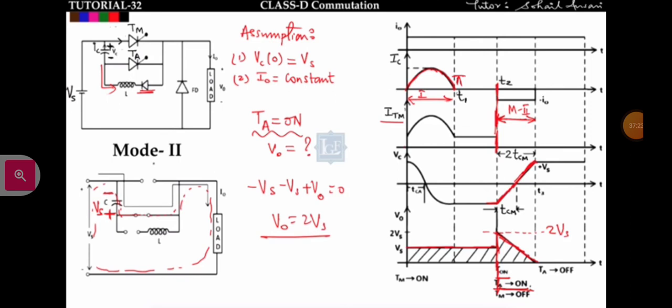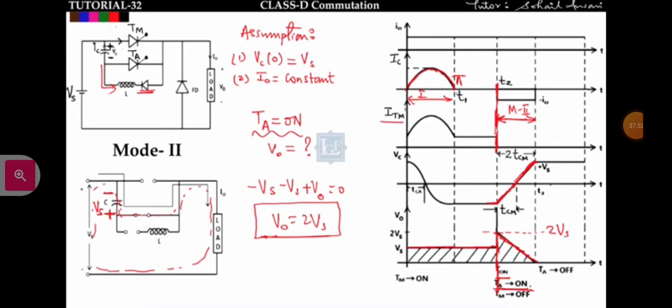Again the supply will charge the capacitor in the first manner, that is from plus to minus, and at the time of triggering of the auxiliary thyristor, the output voltage will be equal to 2 Vs by applying KVL. In this way I will get capacitor current, main thyristor current, voltage drop across capacitor, as well as the output voltage.